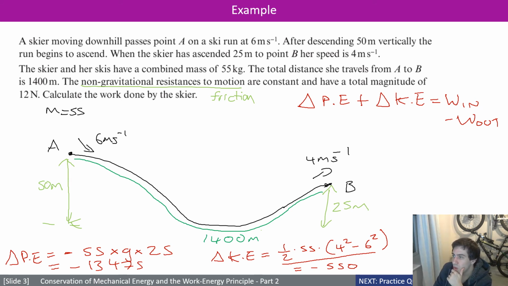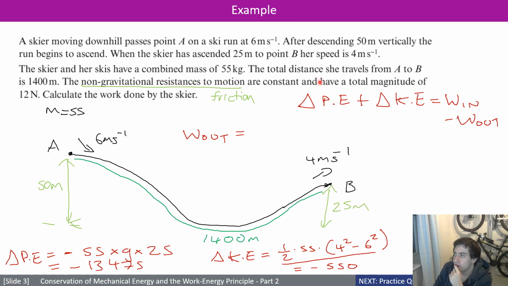What about the work out? Let's write it up here, make use of our space. The work out, that is work done against the direction of motion. The total of all forces that are going against the motion, what is their work? In this case, we're talking about that resistance.